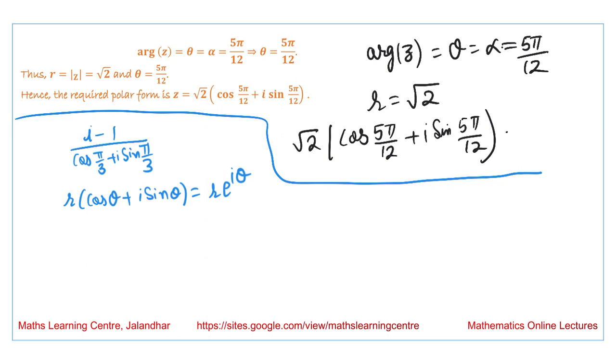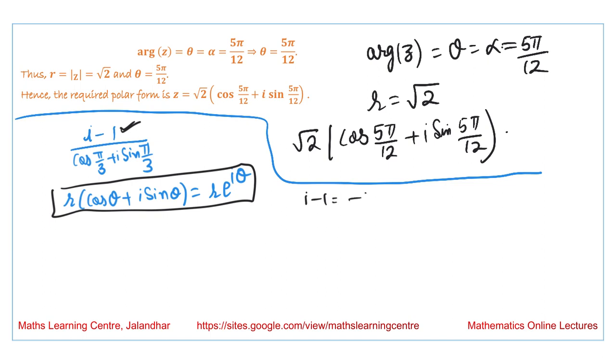Right now you can just look at what is going to happen over here, and why we are using this kind of form. If I talk about the numerator, it is iota minus 1, or we write it as minus 1 plus iota. The value of r for this number will be equal to root 2, and this will lie in the second quadrant.